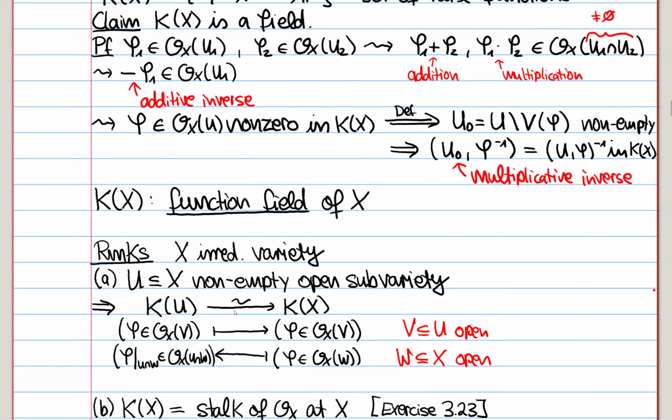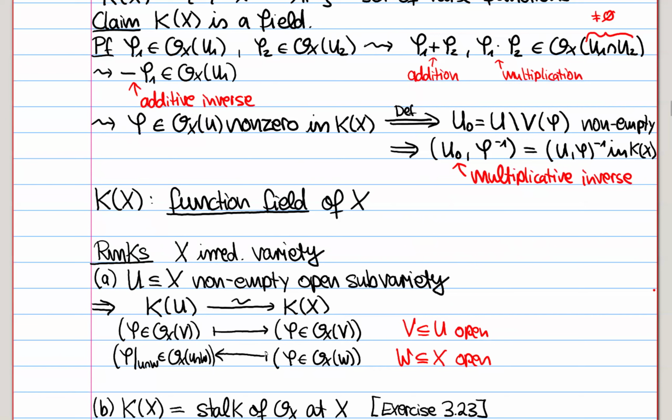And to see this isomorphism, well, if you have phi in K(U), then this means that it is a regular function on some open subset V of U. But then the same data, of course, also gives you an element of K(X) because V is still an open subset of X. So this is one direction, and the other direction is not much harder.